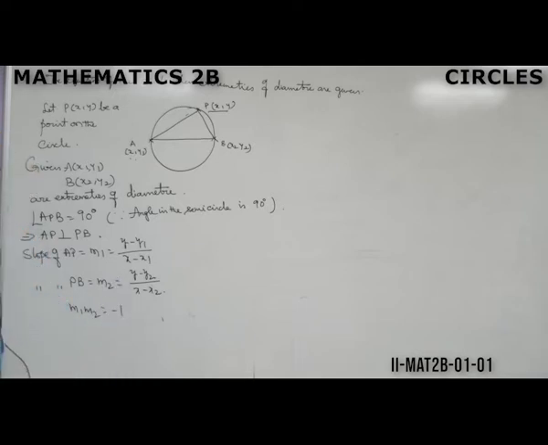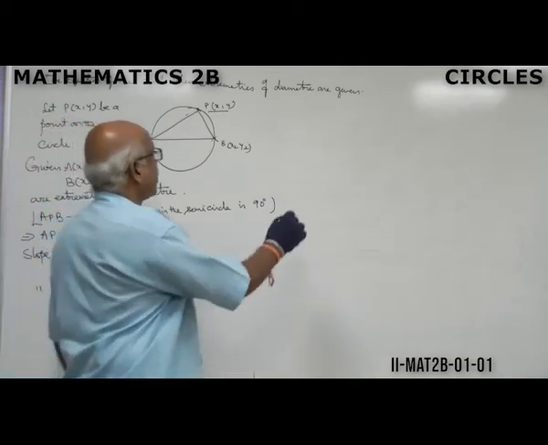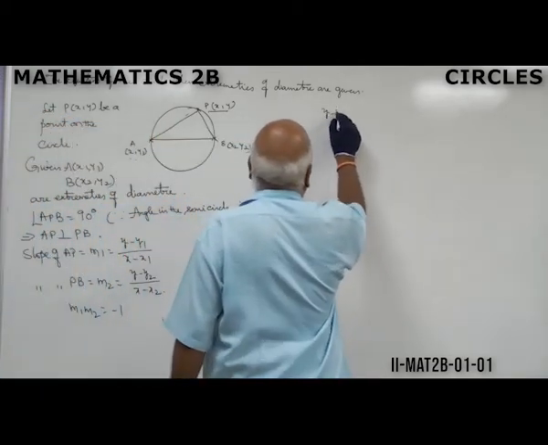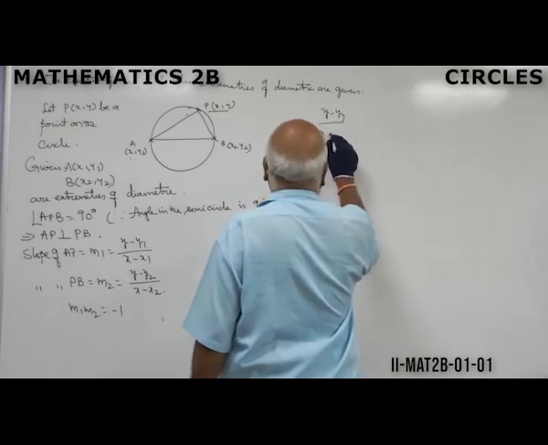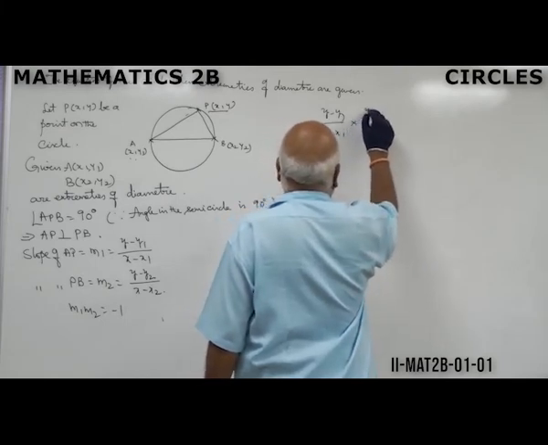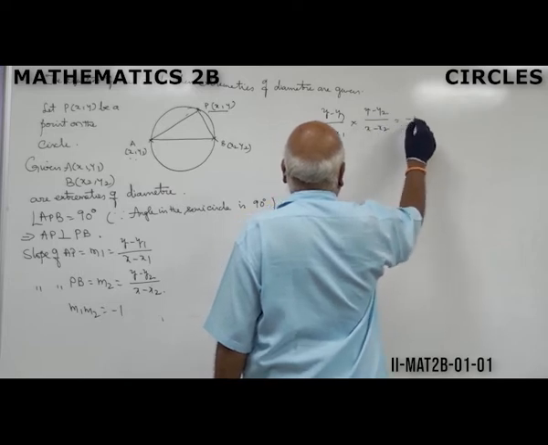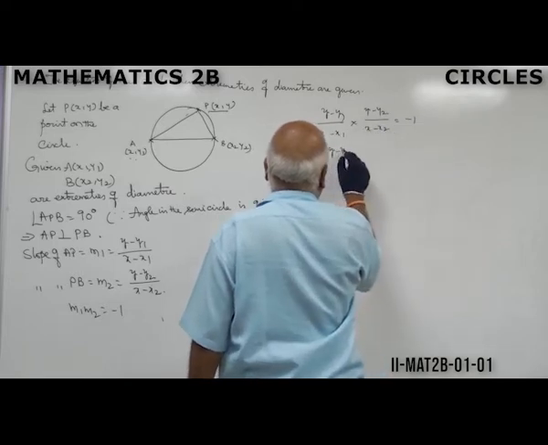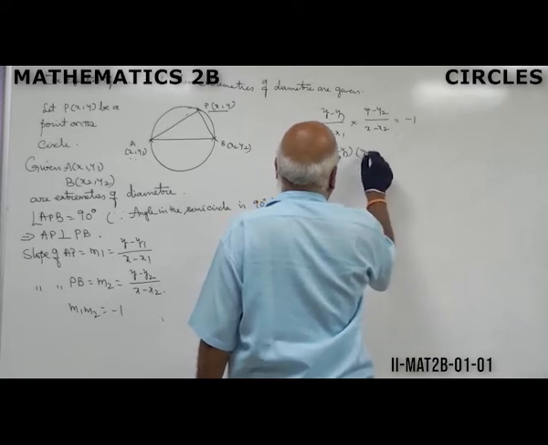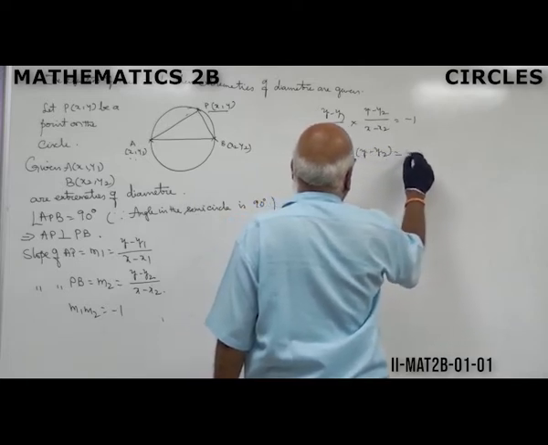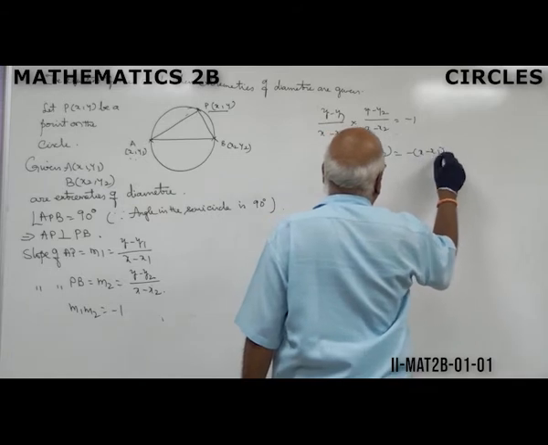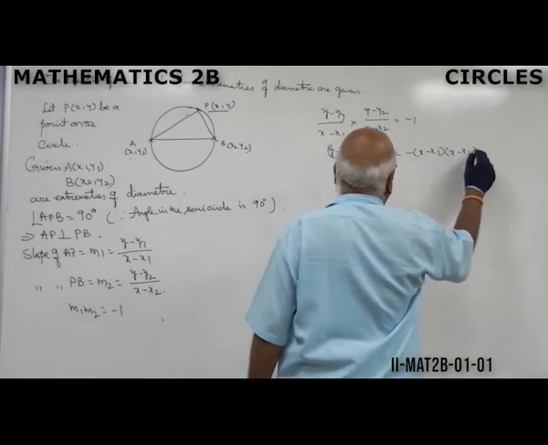When AP is perpendicular to PB, the product of the slopes is minus 1. That is, (y minus y1) by (x minus x1) into (y minus y2) by (x minus x2) equals minus 1. So (y minus y1) into (y minus y2) equals minus of (x minus x1) into (x minus x2).